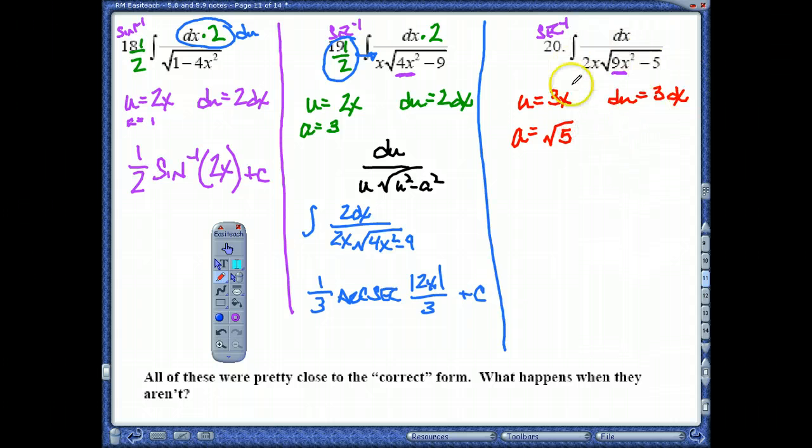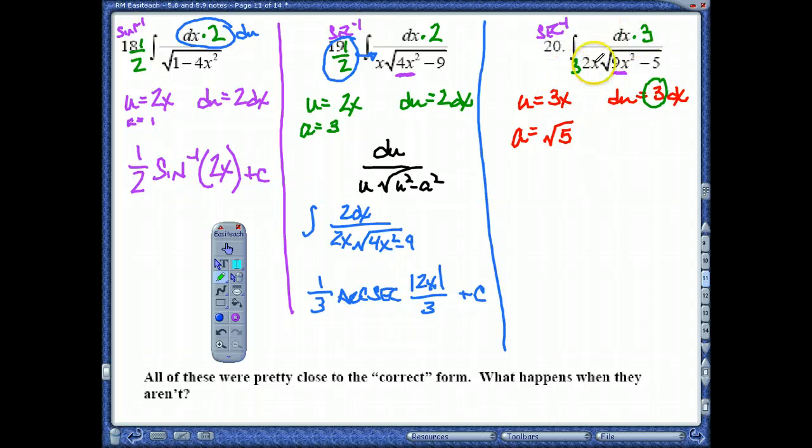So one of these we don't need. That 2, I don't need that 2 there. But that 3, I do need that 3 on the inside. So see this little 3 here? I need to multiply the top by 3, and usually I counteract with a 1/3 out in front, but I need that 3 on the inside.